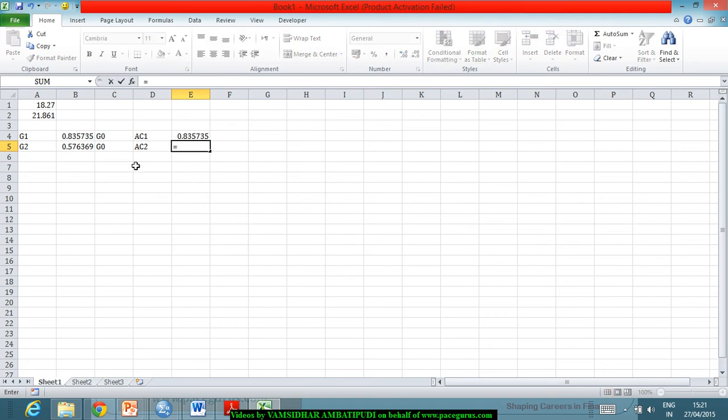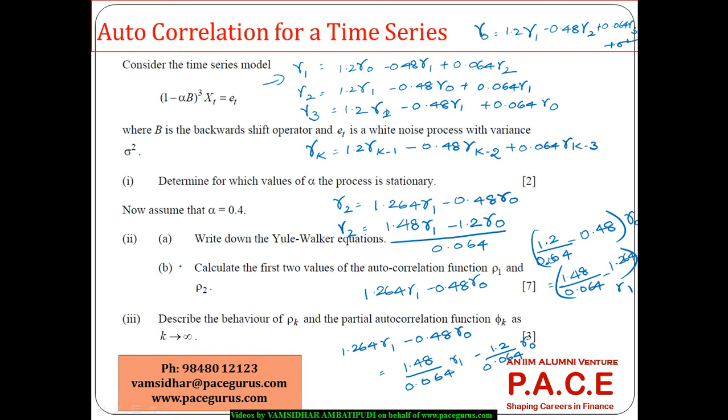Rho 2 is gamma 2 divided by gamma 0, which is again giving me the autocorrelation for time lag 2. So I am able to compute the first two values, and these are my Yule-Walker equations, and they describe the behavior of rho k and the partial autocorrelation function phi k.